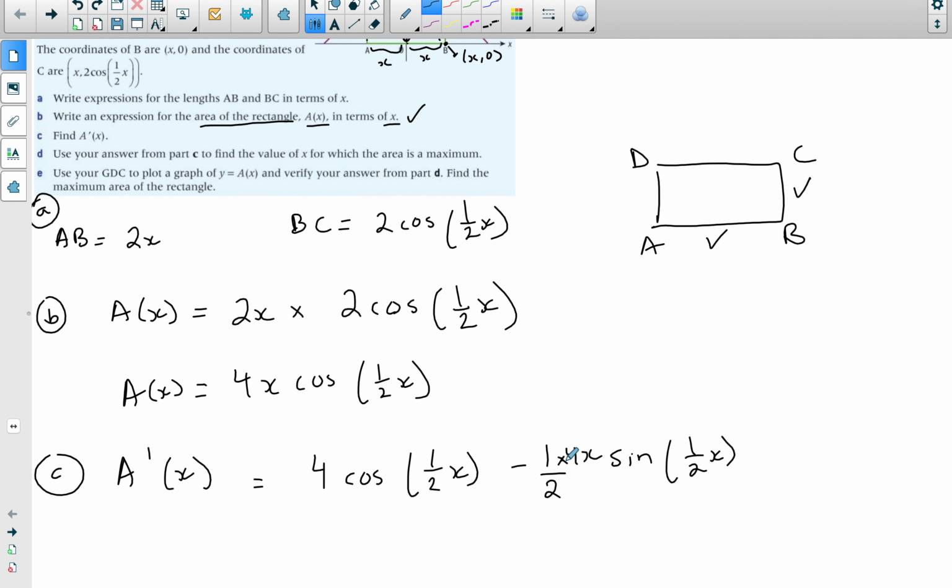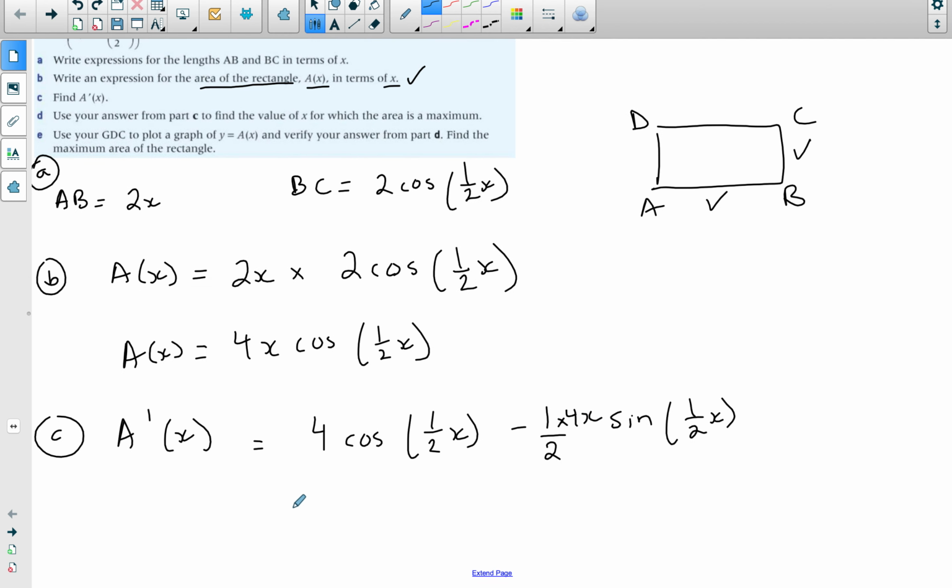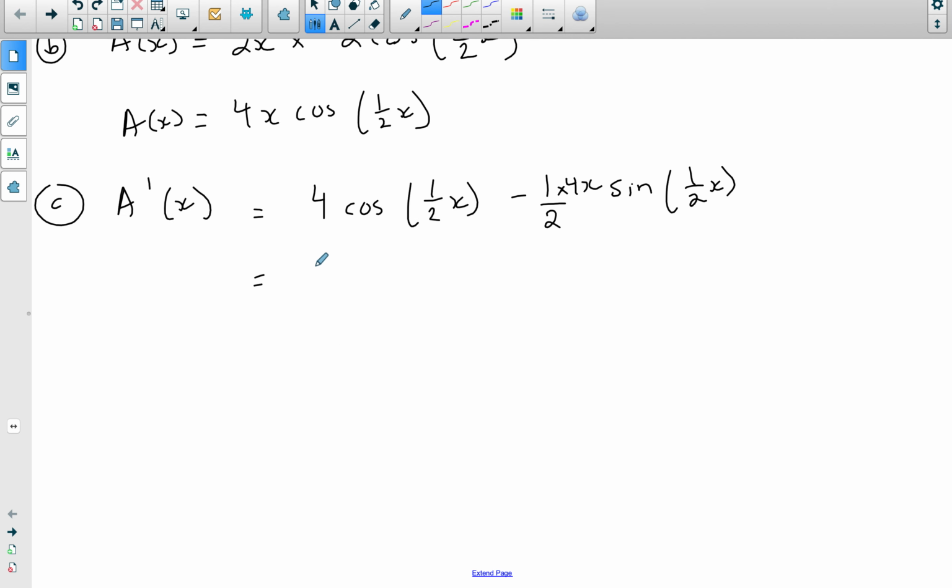If you're not sure about what I did, please watch the video on derivatives of trigonometry. Simplifying this, I get minus 2x sine 1 over 2 x. So that's the overall answer for the derivative.